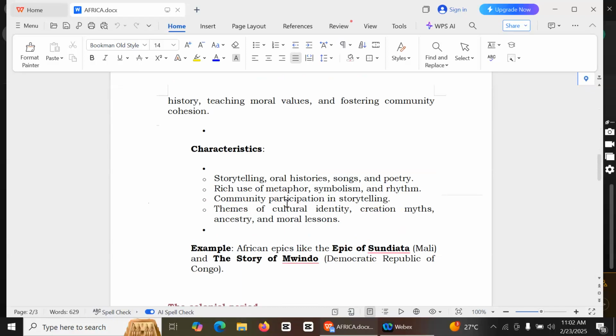Storytelling is one of the main characteristics of pre-colonial or oral literature. We also have oral history, songs, and poetry, which we memorize, and we have the use of metaphor, symbolism, and rhythm in those myths, legends, songs and proverbs.